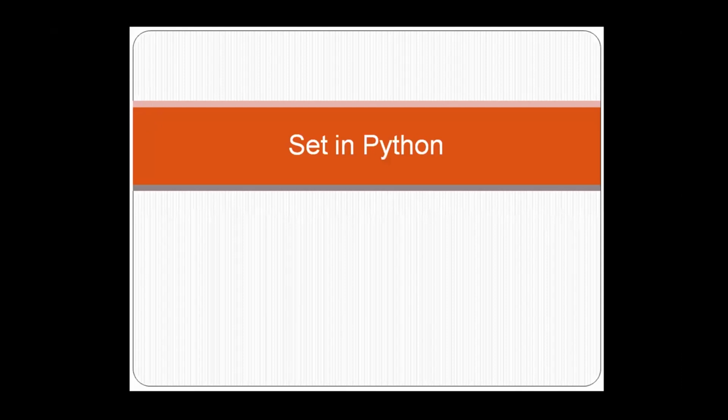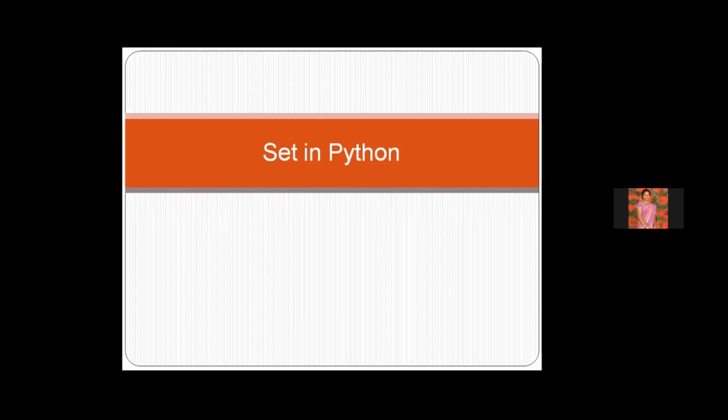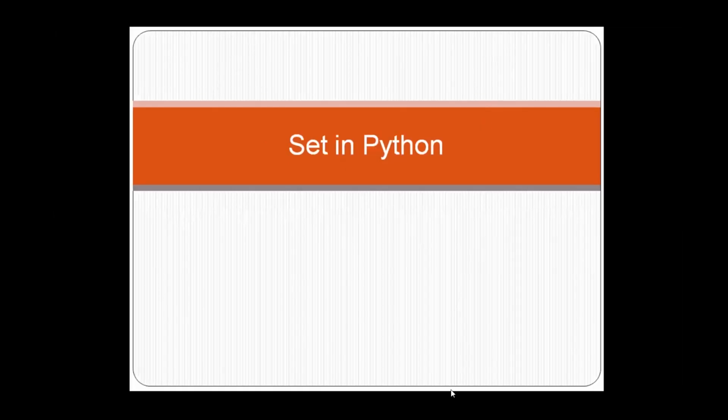Right. So now we have completed almost all the data types. We are left only with the last data type, that is sets in Python, right? So now what do you know about sets in Python? What do you understand by the term sets in Python?